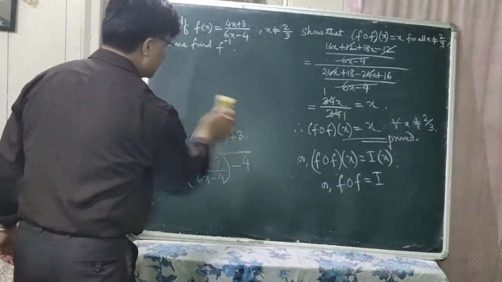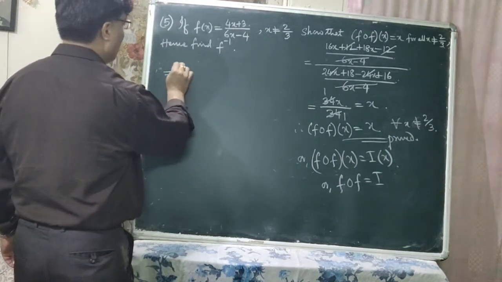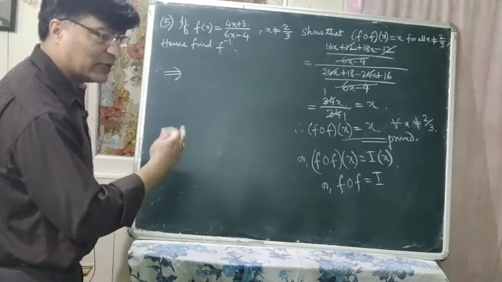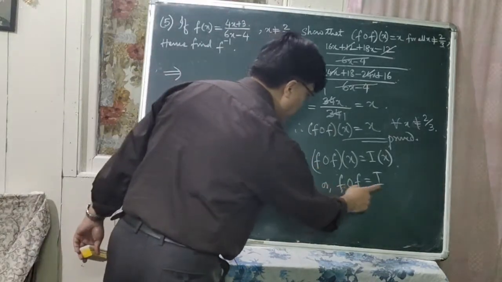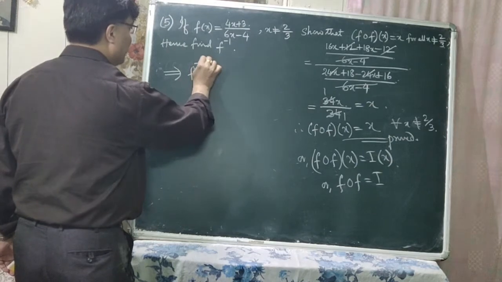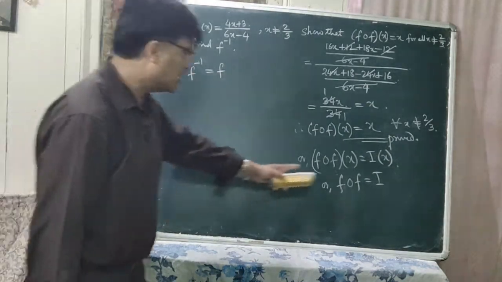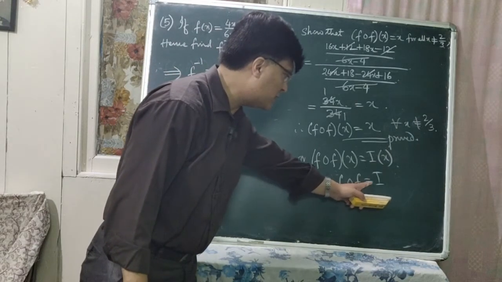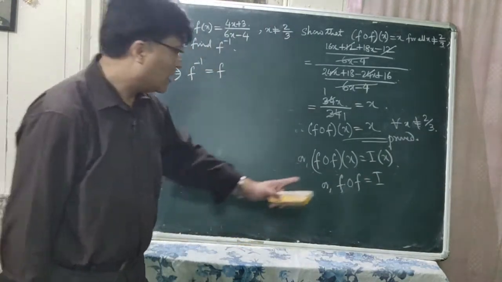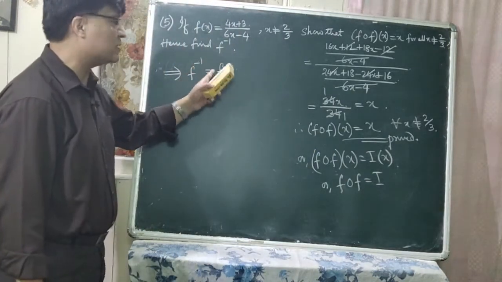So what does it indicate? fof is equal to I means f inverse is equal to f.